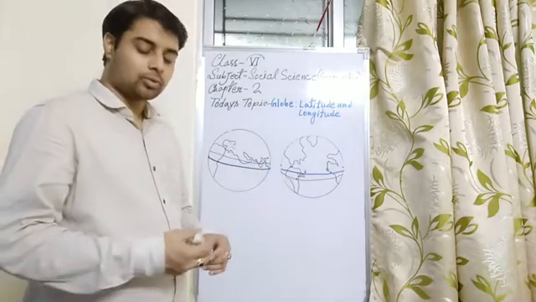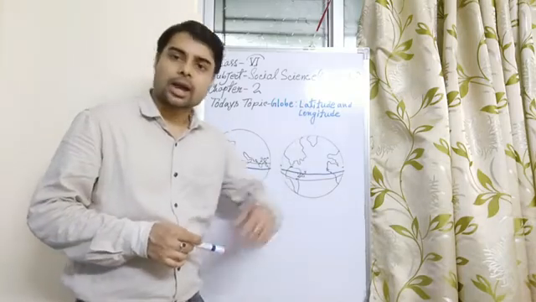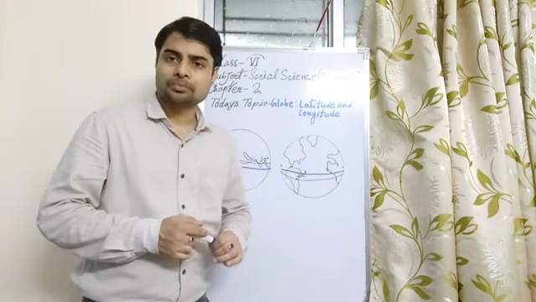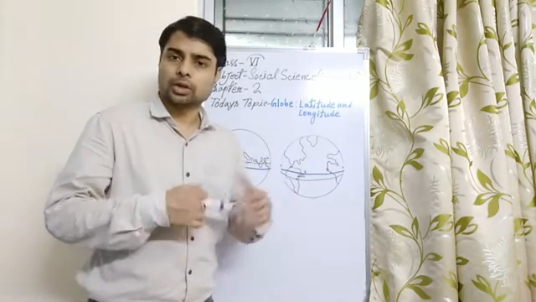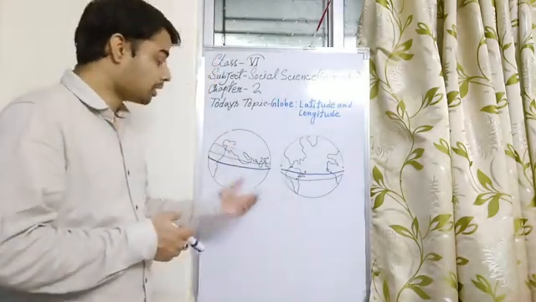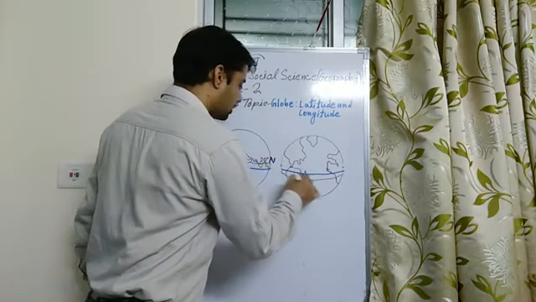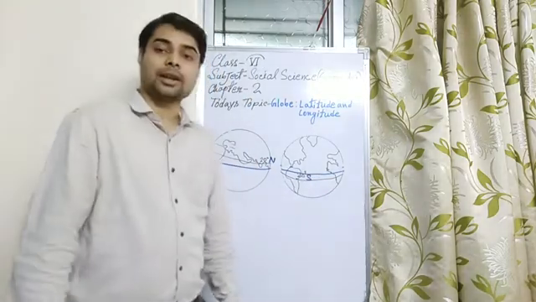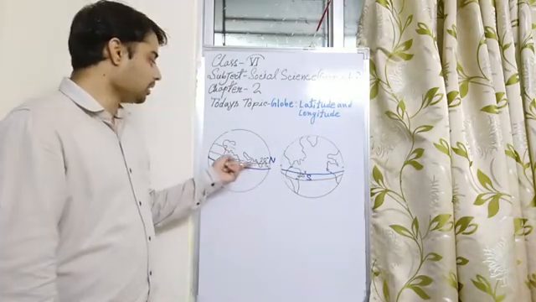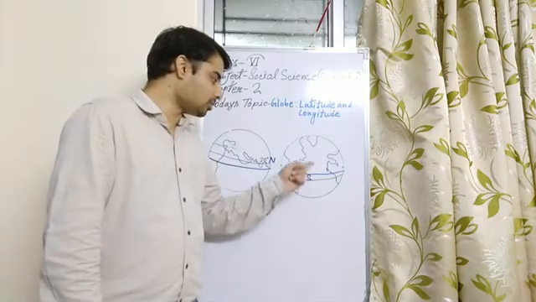So the people of Belo Horizonte give the location that our place is situated on 20 degree latitude, and the people of Chandrapura, Maharashtra, also give the location 20 degree. Then people get confused and don't understand which place is situated in which area. But if I tell them that it is 20 degree north and it is 20 degree south, they can easily understand that these two places are different and the two lines are also different, because one is situated in the northern hemisphere and the other in the southern hemisphere.